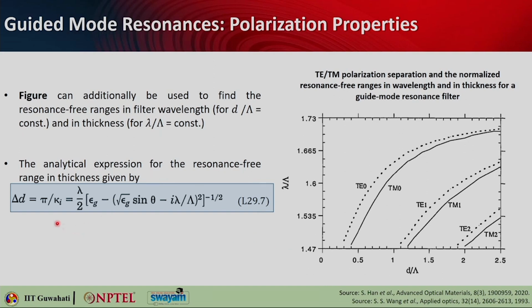When you calculate, you will see the delta d, that is the thickness where there is no resonance, and you can obtain it like this. I am not going into the details of these equations, they are complicated, you can obtain them from this particular paper, but this tells you how these separations are basically obtained.